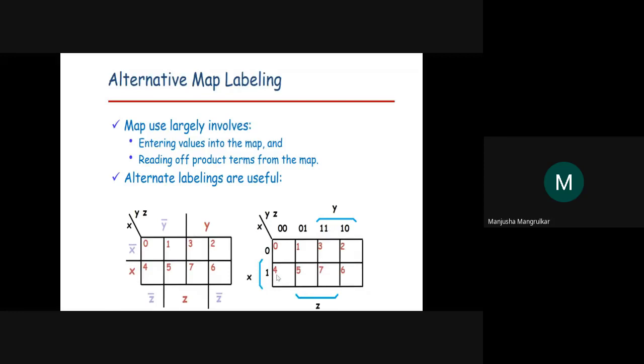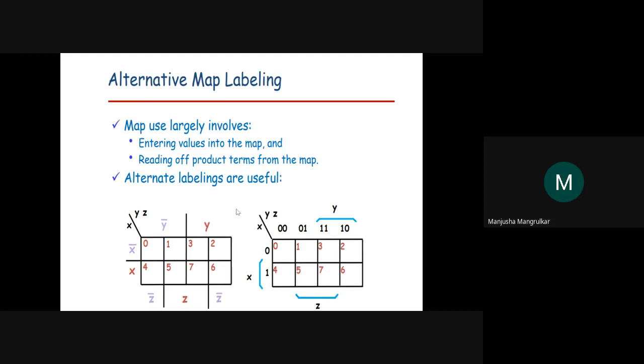So we'll see that in the examples. So the map is used largely, and the alternative labeling is useful. So this is the way of labeling: x y z, 0 0, 0 1, 1 1, 1 0, and 0 1, and this column 0 1 2 3 4 5 6 and 7.